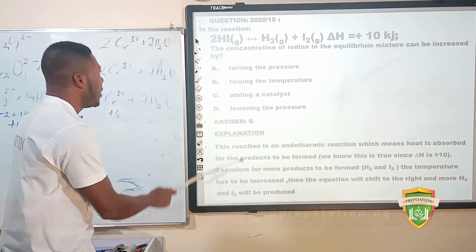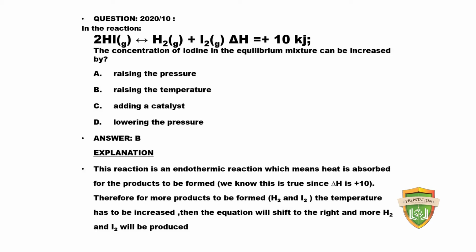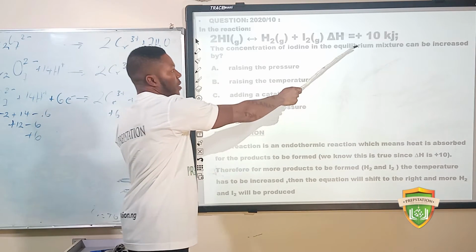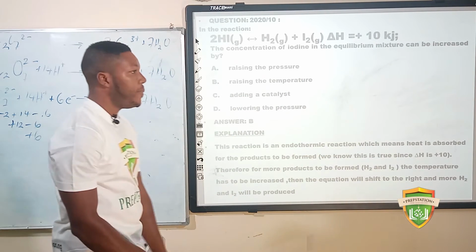Now, the question is: the concentration of iodine in the equilibrium mixture can be increased by: A, raising the pressure; B, raising the temperature; C, adding a catalyst; D, lowering the pressure. So options 1, 2, 3 are off because this is an endo.